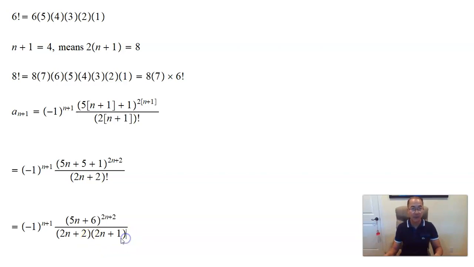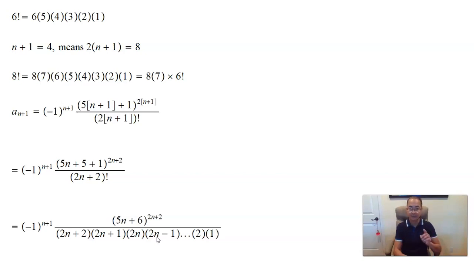You're going to get 2n plus 1 minus 1, so it's simply 2n. And then after that is 2n minus 1, and so on until we get to 2 and 1. Okay? 8, 7, 6, 5, 4, 3, 2, 1. All the integers from 2n plus 2 all the way down to 1.